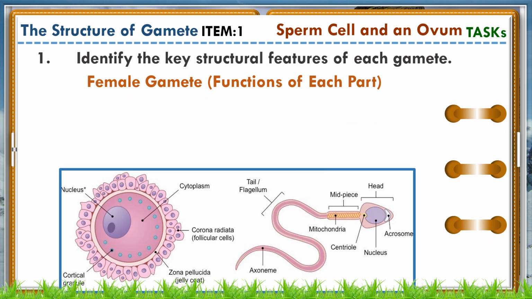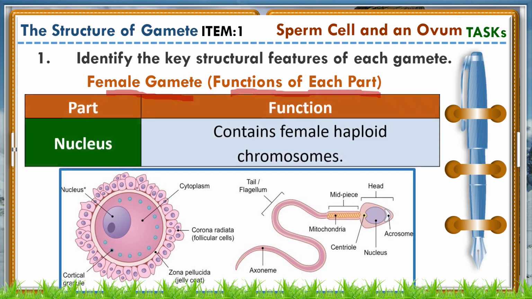Now let us look at the female gamete. We want to look at the functions of each part of the female gamete. We have parts and the function. The first part is the nucleus of the female gamete, and our nucleus is this part here.